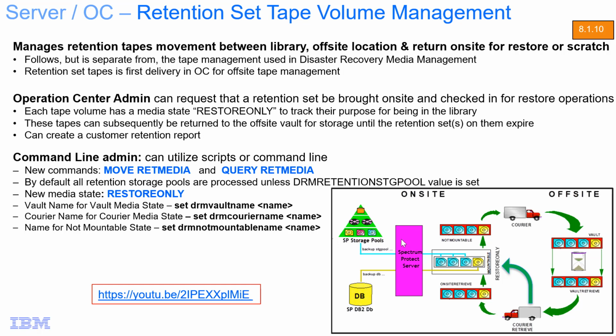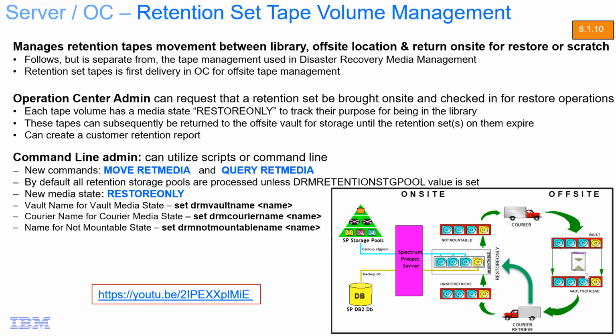So here you have your Spectrum Protect Plus server. We created a retention set. At that point, it is going to be mountable. Then we can check it out of the library and it becomes not mountable. Once it's taken by the courier in transit, it's in courier status. Once it gets to the vault, we have vault status.